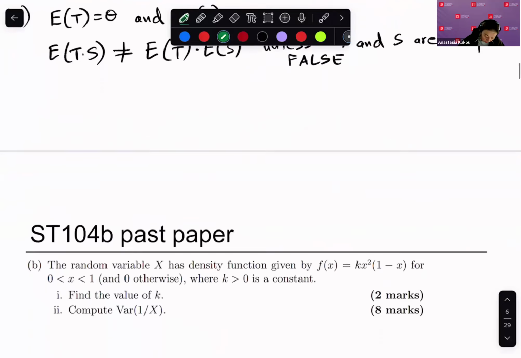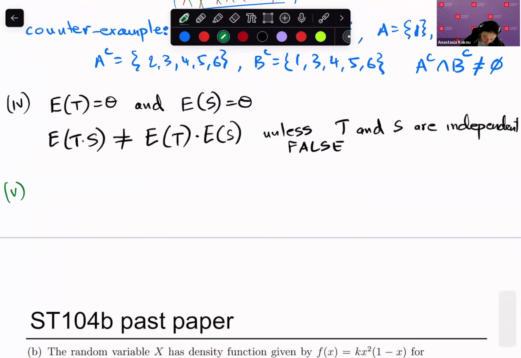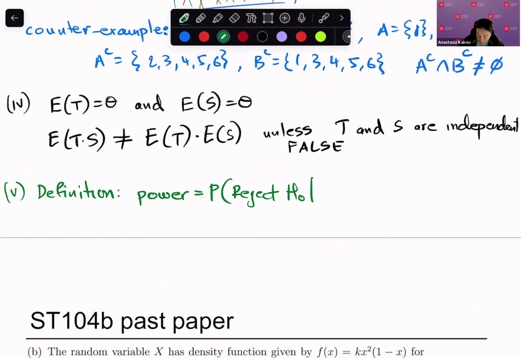By definition, the power is the probability of rejecting the null hypothesis when the alternative is true. So based on this definition, the statement is false.